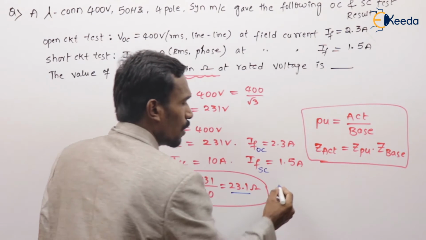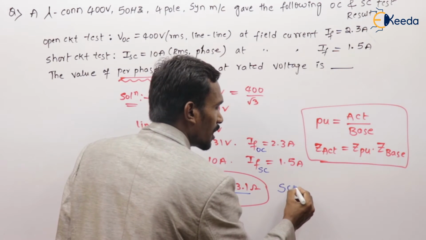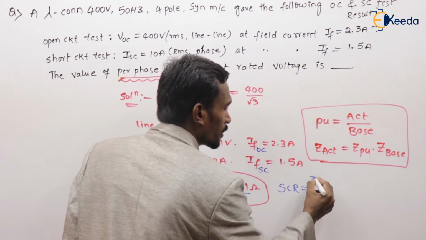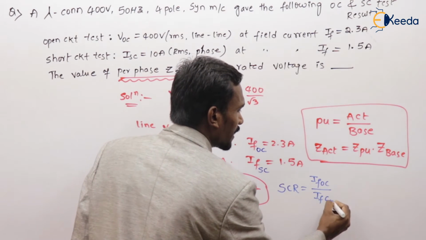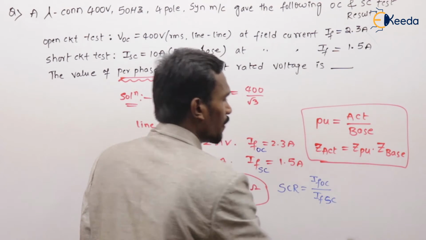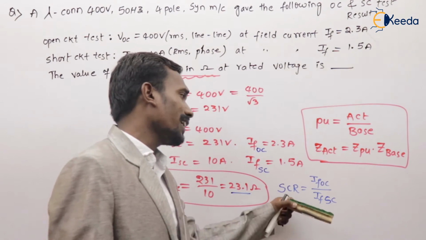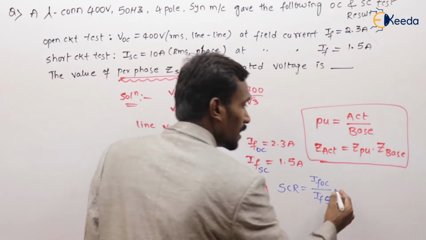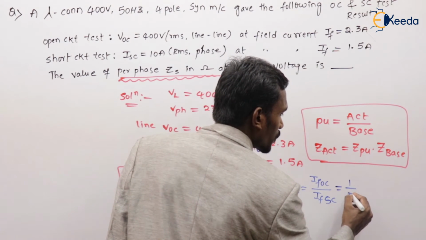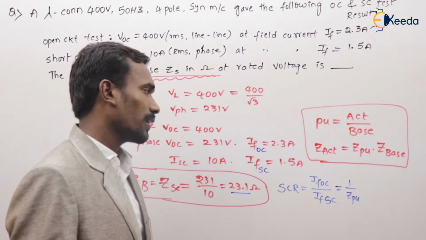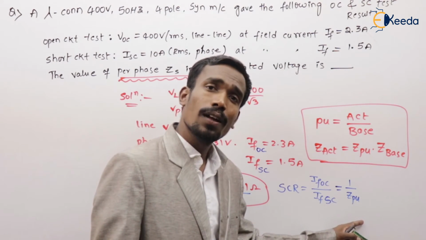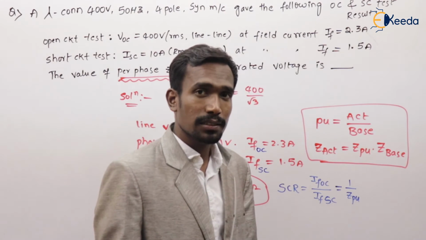Generally we know the SCR, the short circuit ratio, is equal to IFOC by IFSC. But this SCR is equal to 1 by per unit impedance.